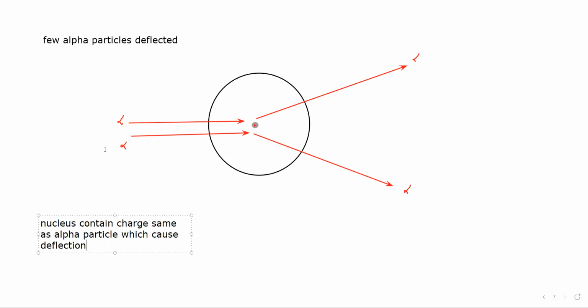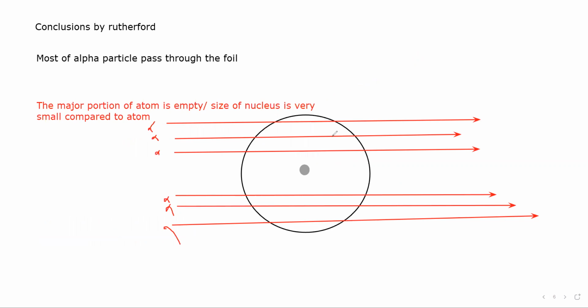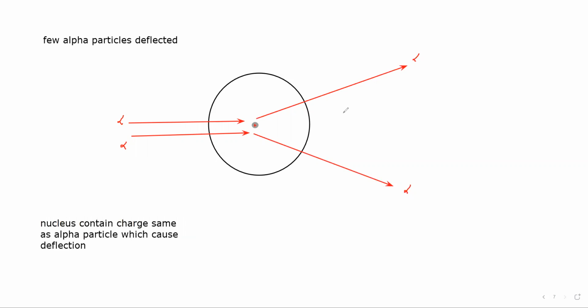That was the second conclusion he drew from his second observation. So first, because most of them pass through, he suggests a major portion is empty. Few of them deflected or changed their direction, so he suggests that the alpha particle and the nucleus have the same charge. That is why like charges repel each other, so the alpha particle deviates from its path.